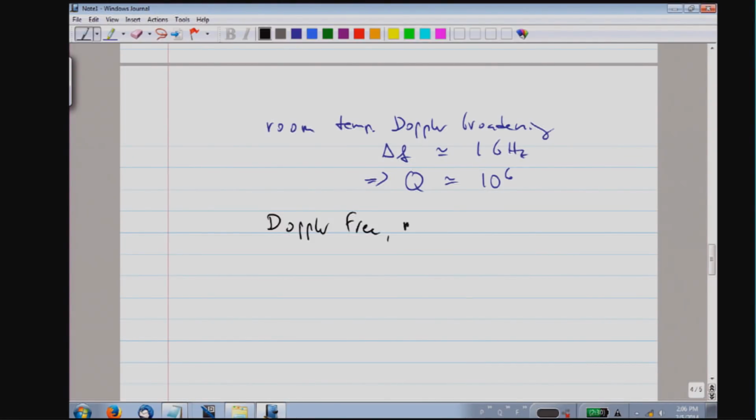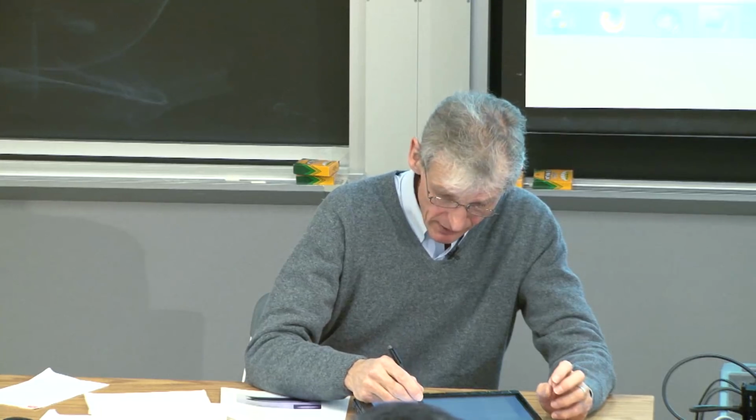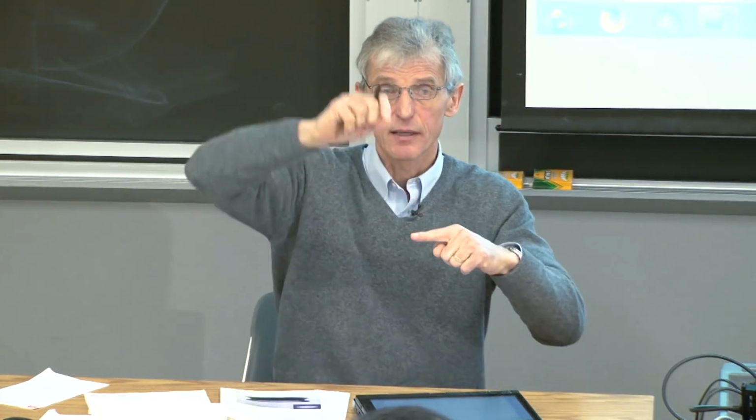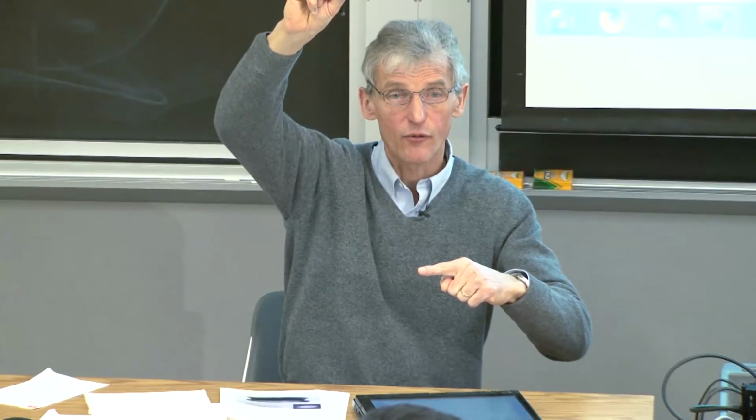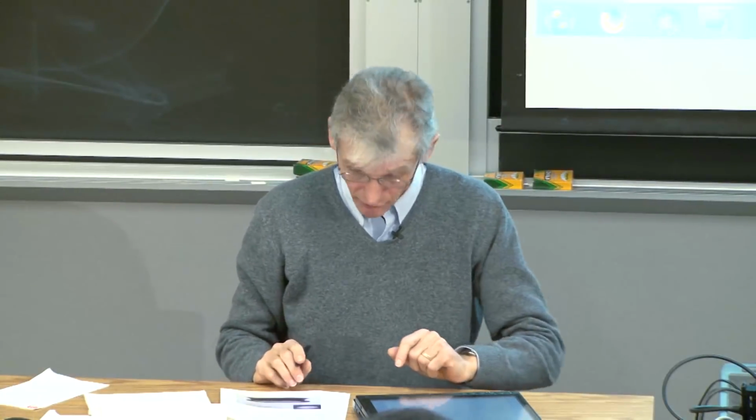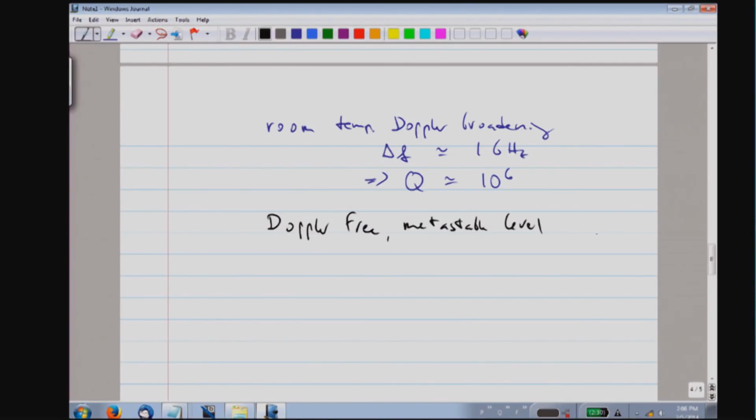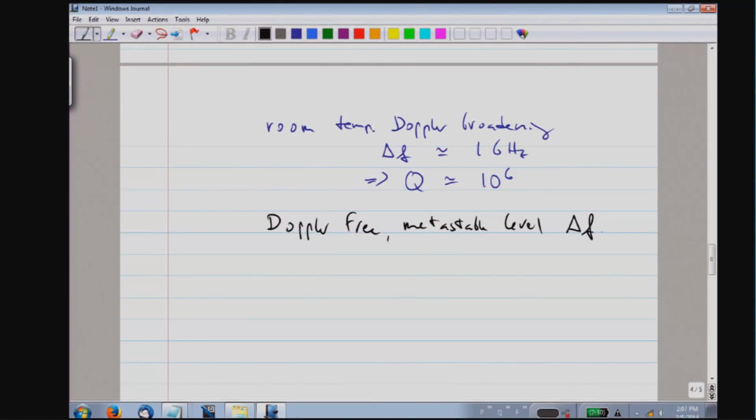If you take a metastable level, where the lifetime of the excited state is maybe 1 second, and strontium and other atoms have those metastable levels, then you can actually get a line width which is 1 Hertz, and the Q factor is on the order of 10 to the 15.